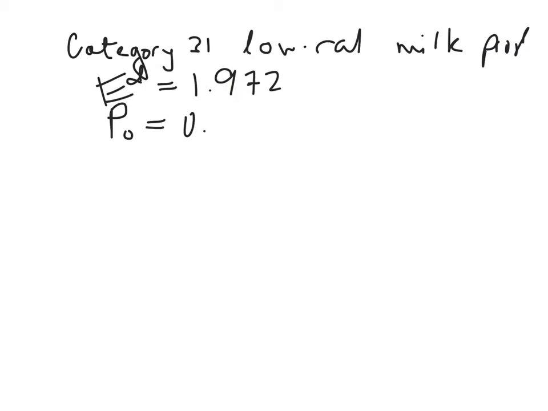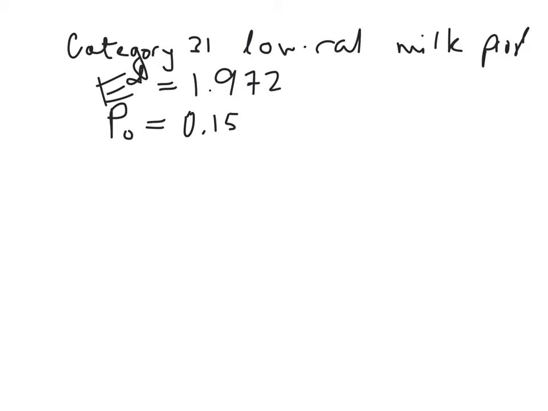So let's look at category 31, low-calorie milk products. And the elasticity of demand is estimated to be 1.972. All right, well, what are we given? We're given that the original price is 0.15 cents for each 100 grams of low-calorie milk product.